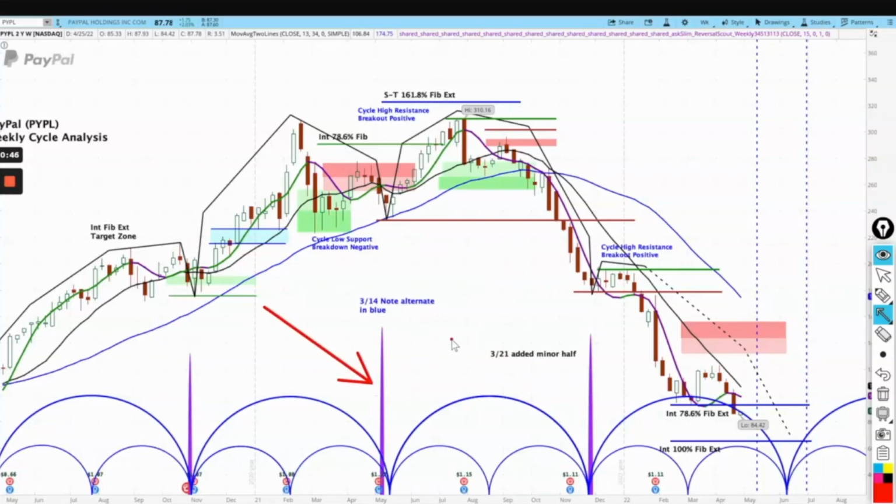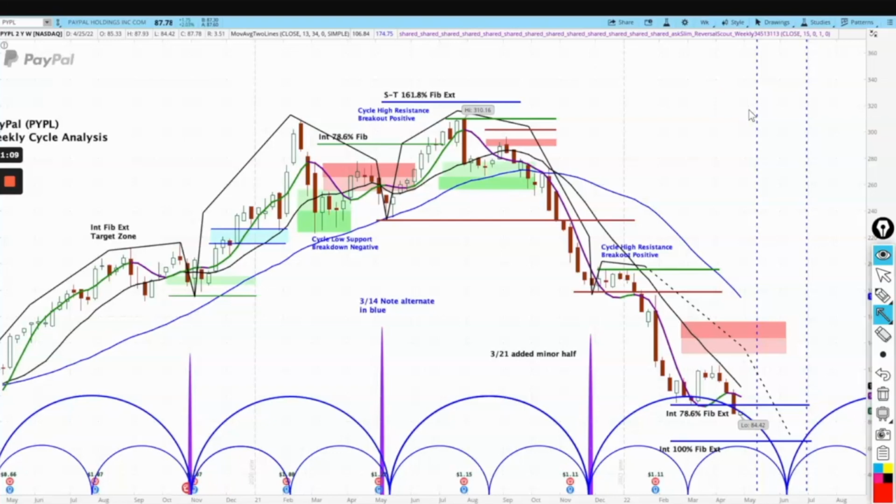These purple spikes here show us where the actual cycle low occurred relative to the ideal, and you can see that for PayPal they line up very closely. These blue vertical dotted lines over here on the right-hand side show the weekly cycle timing window when we would expect PayPal to make its current cycle low and then to turn up as the next cycle begins.